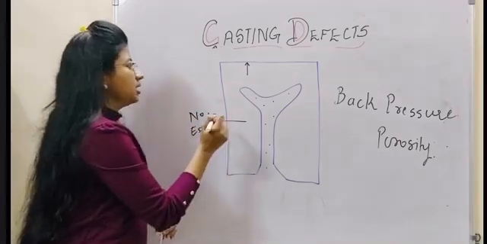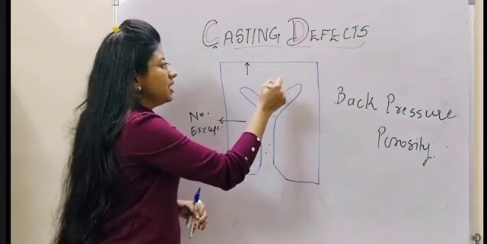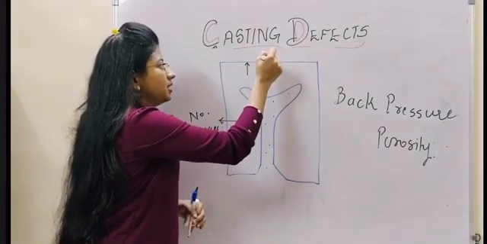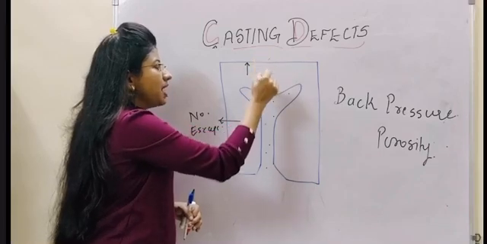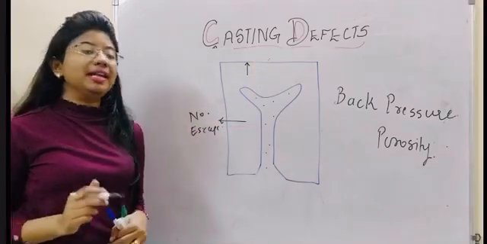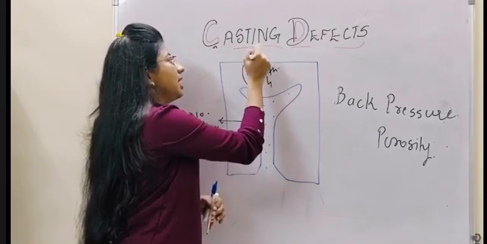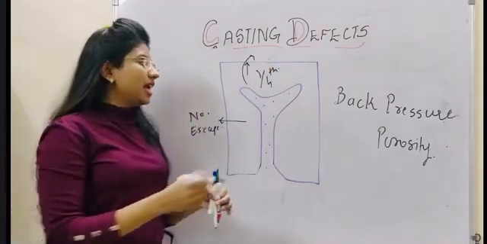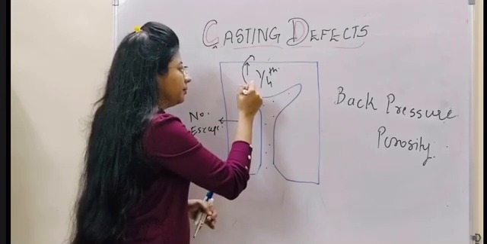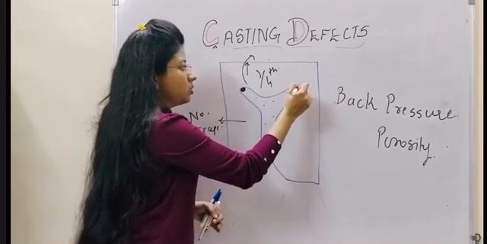And if the distance between the wax pattern and the thickest part of the investment is not maintained at 1/4, the gases will not travel out. That is, the gases will come till here but will not go out.